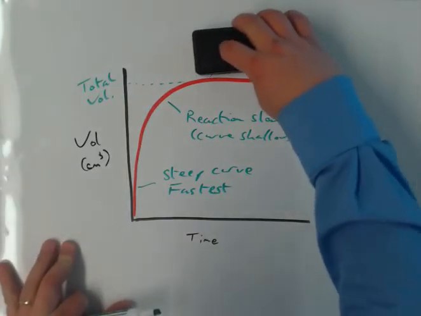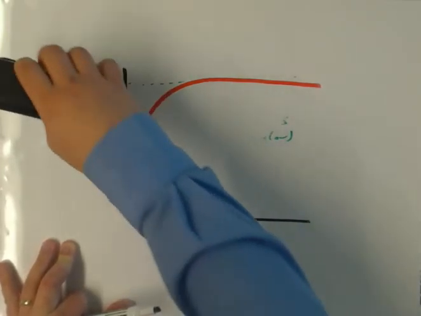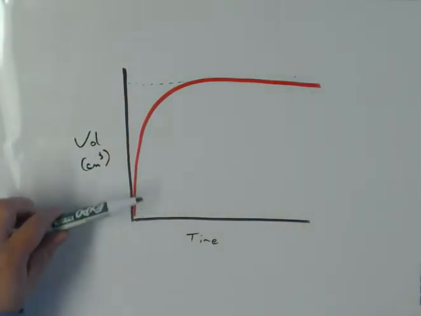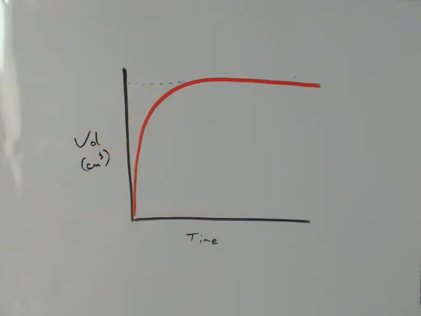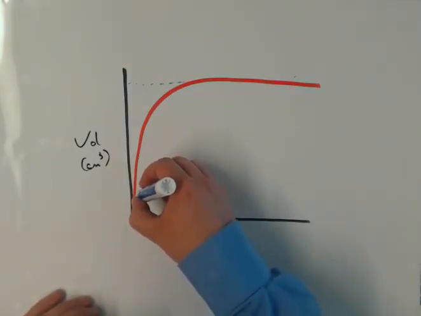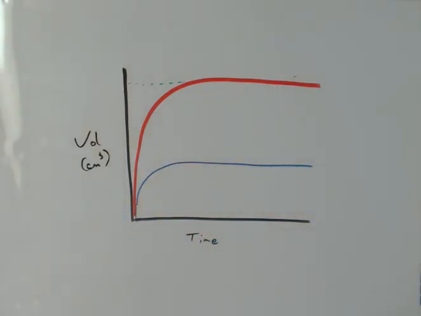Now let's get rid of these labels as best we can, because we need to also be able to tell some other things. For instance, this has a limiting reactant. One of the reactants for whatever this reaction is going to run out and limit it to its maximum volume. If we were to reduce the amount of limiting reactant, we would have a reaction that would start off as fast and slow down at a lower volume.